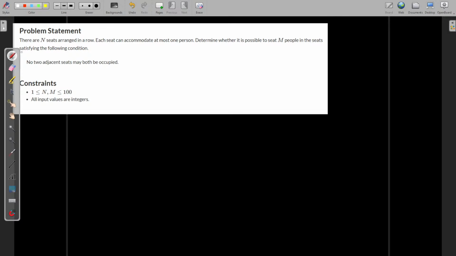So we have been given, let's say, n slots, and in those n slots we have to fill in m persons. But there is one condition: no two persons should be consecutive, like they should not be adjacent to each other.